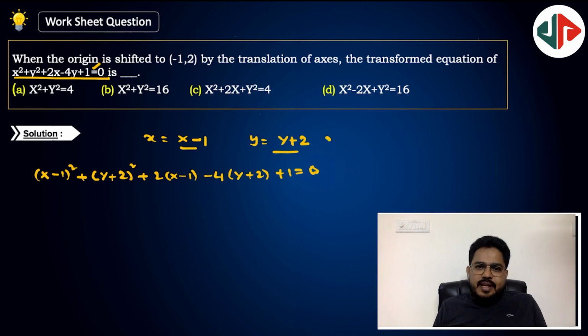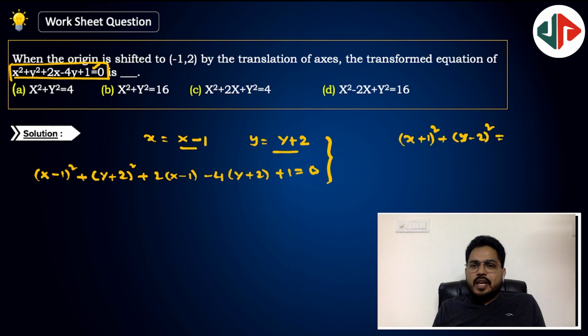Instead of this, you can also look at what this equation is. Actually, this is the equation of a circle. So the equation is x square plus 2x plus 1, y square minus 4y plus 4, so (x plus 1) whole square plus (y minus 2) whole square is equal to 4 units.